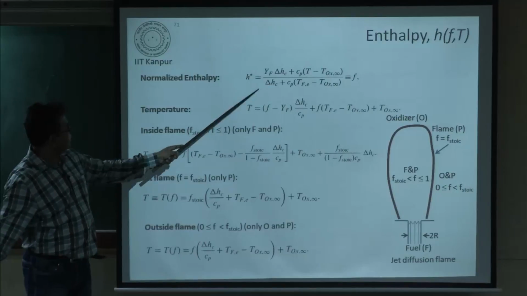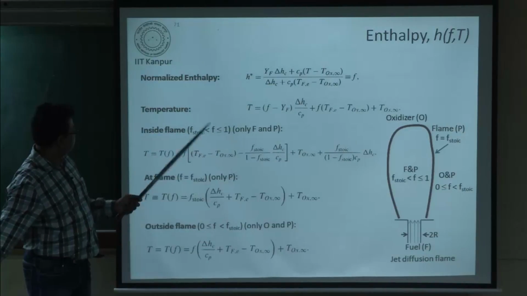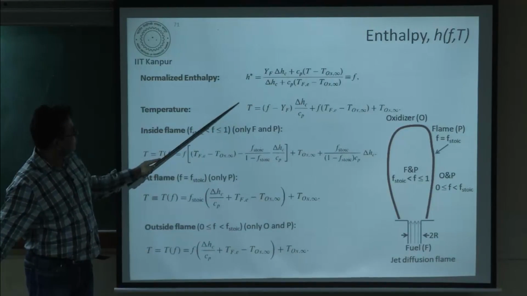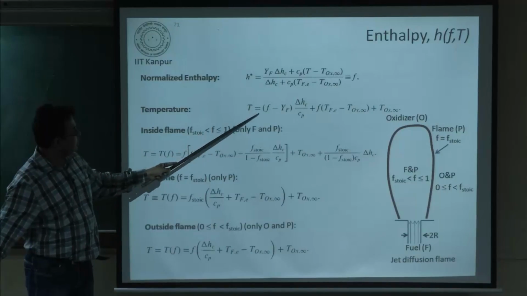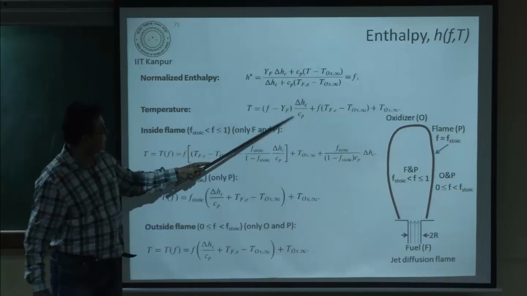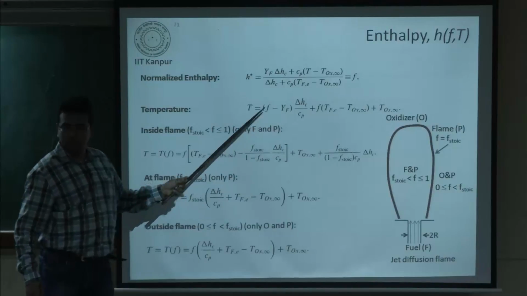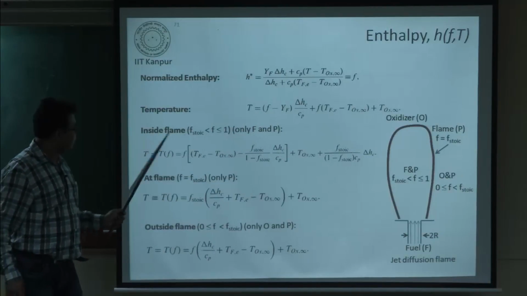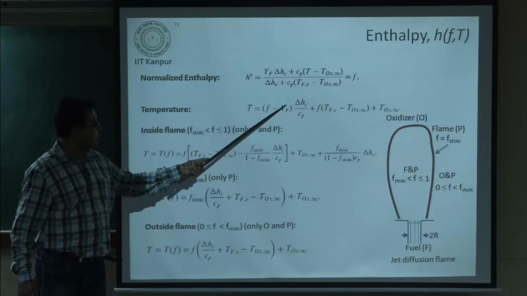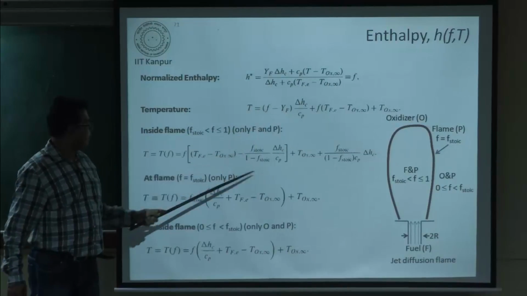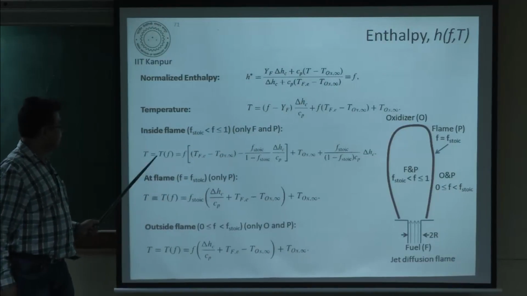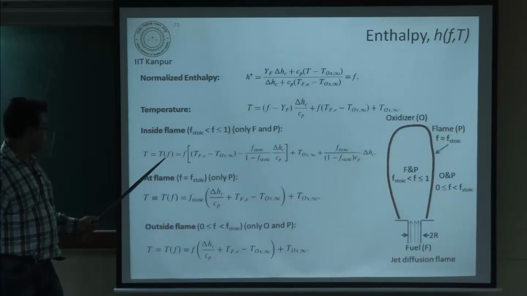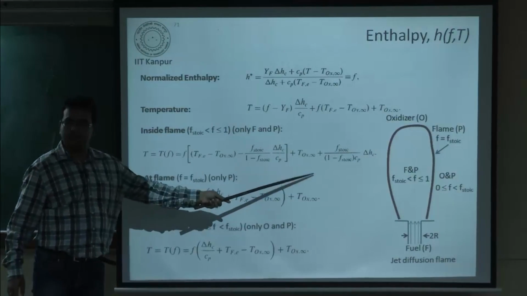So again we start with this expression which I had in the previous slide. If you can solve this, you will get this expression. So T, temperature in terms of YF and F. Okay. So now inside the flame we know what is YF, so you just put that value here and you will get the temperature as a function of F. T is a function of TF, and that is basically this.